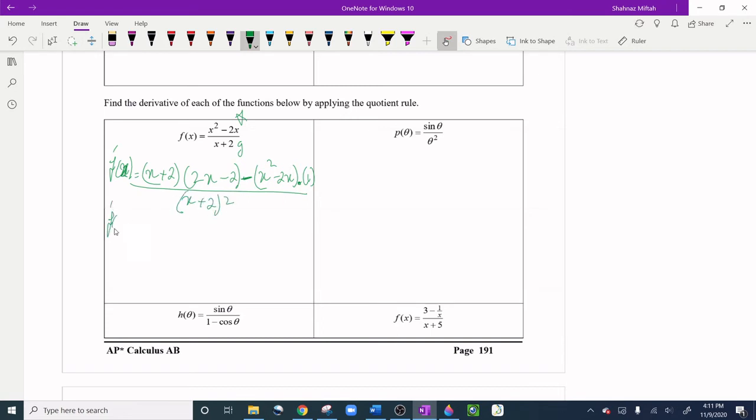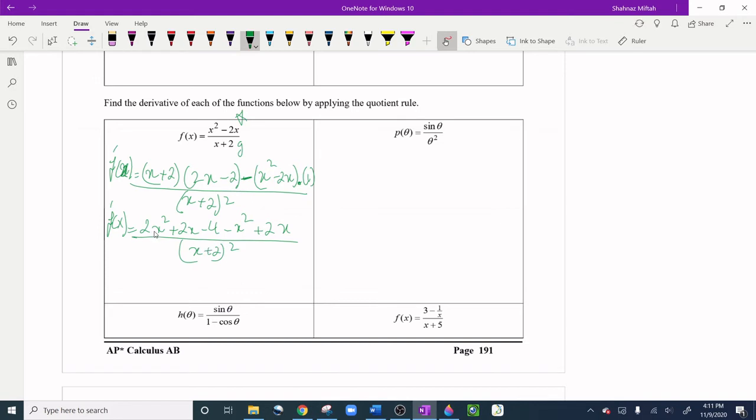Then I have f prime x again. Distribute, this is a FOIL, equals 2x squared plus 2x minus 4 minus, I'm distributing the negative, x squared plus 2x. In the bottom, we have the same thing, x plus 2 whole squared.